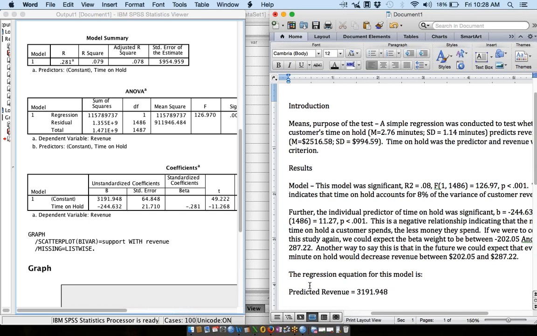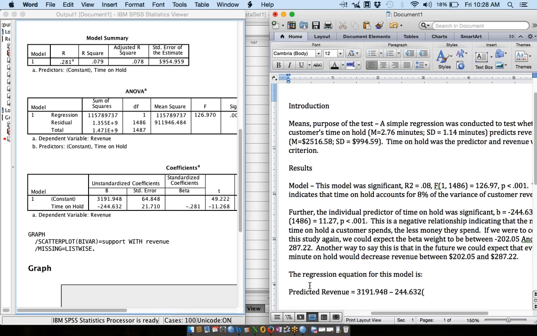And remember here in the equation, we carry it out to 3 decimal places. And then you would say plus the beta weight, but because our beta weight's negative, we're going to say minus the beta weight, 244.632.